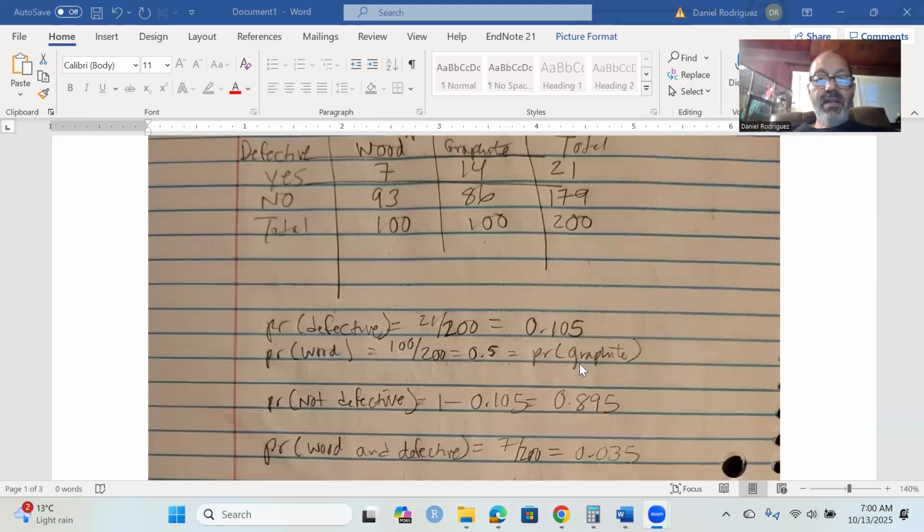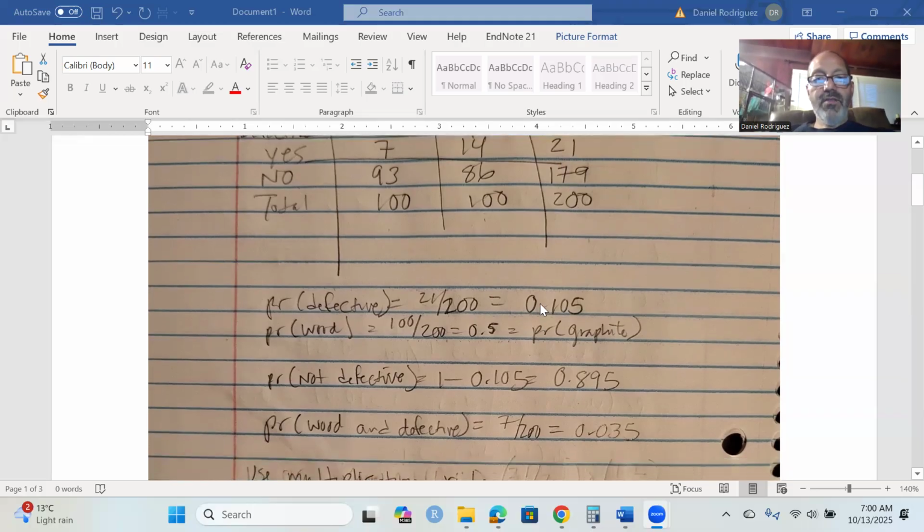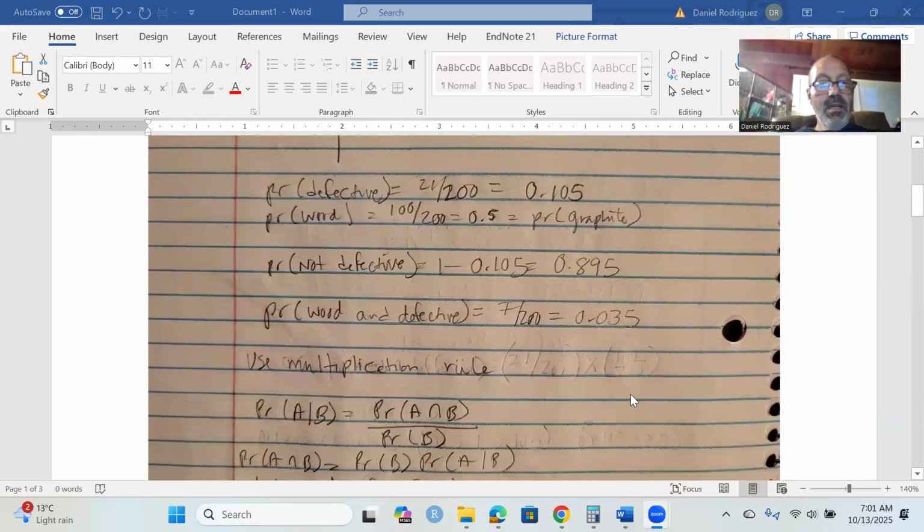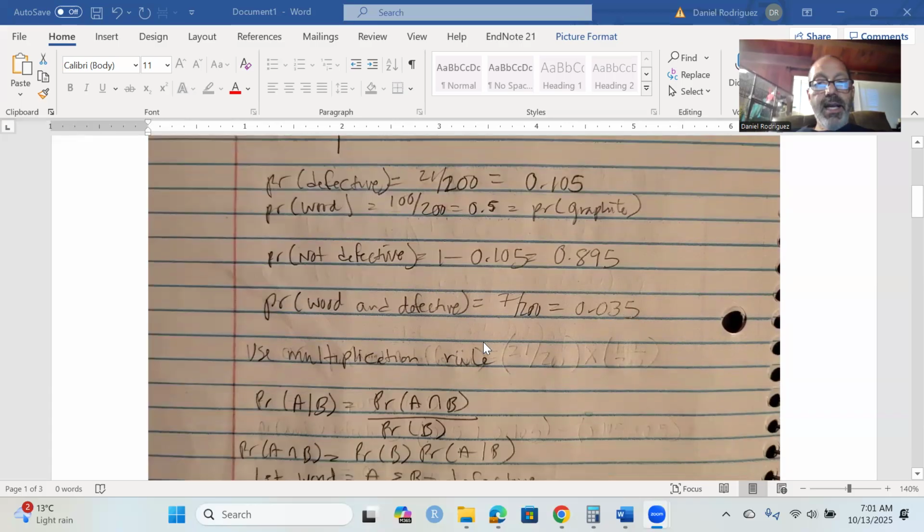Remember, probabilities always have to add up to 1 for all possible events within a sample space. And the event here could be being wood or being graphite, being defective or being non-defective. It always has to add up to 1. So the probability of not being defective, if the probability of being defective is 0.105, is 1 minus 0.105 or 0.895.